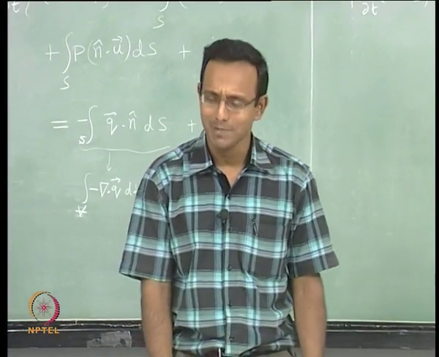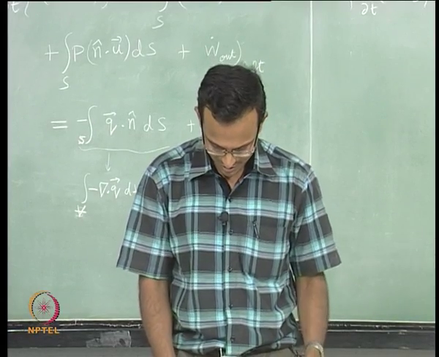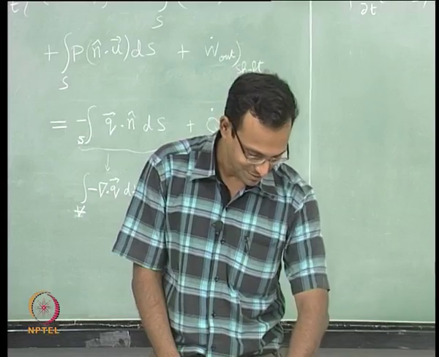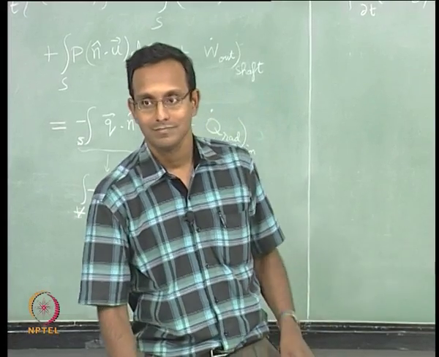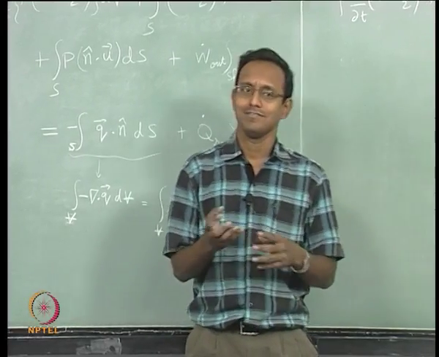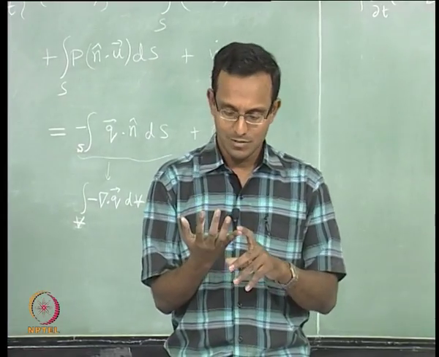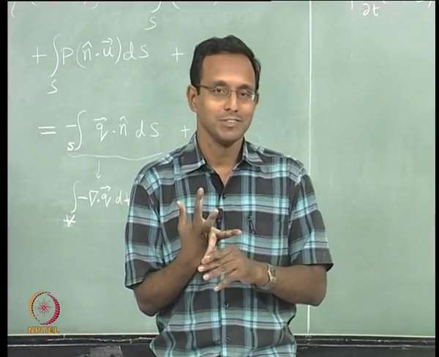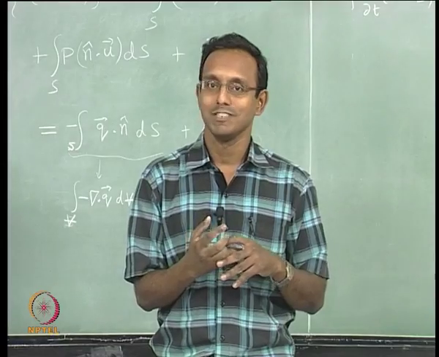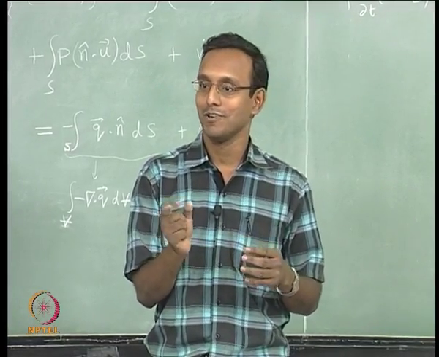How many variables are there? There are 5 equations. What are the 5 variables we have? Velocity, okay. Volume, not really, because it is all a differential equation, it is at a point, there is no volume for your fluid element, it is a point.